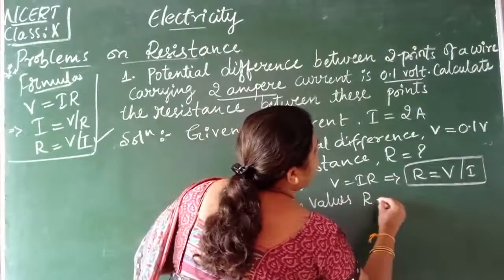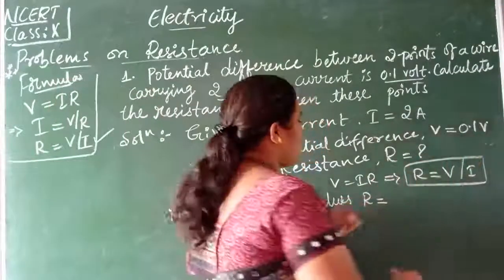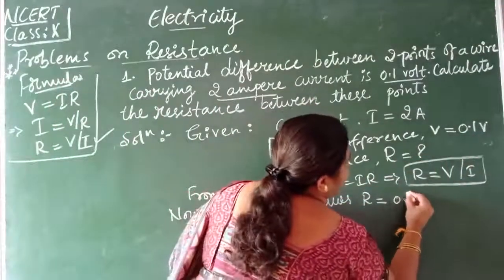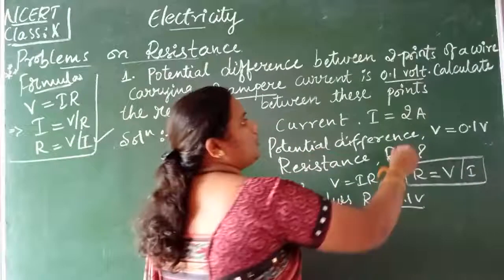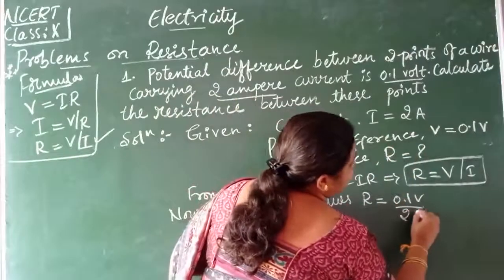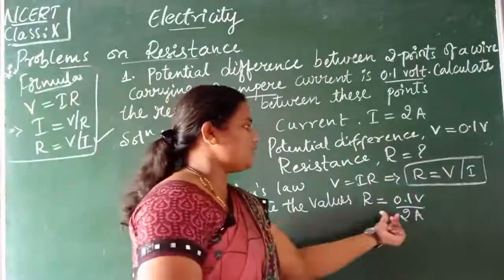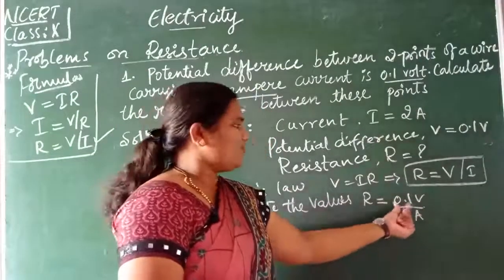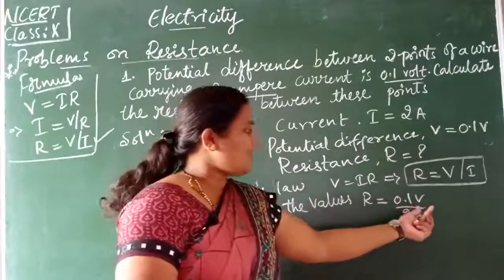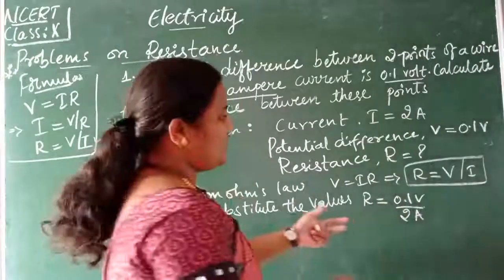R is equal to V, that is 0.1 volts, divided by the I value, 2 amperes. So R is equal to 0.1 divided by 2. You can do this directly, children, and you get 0.05.